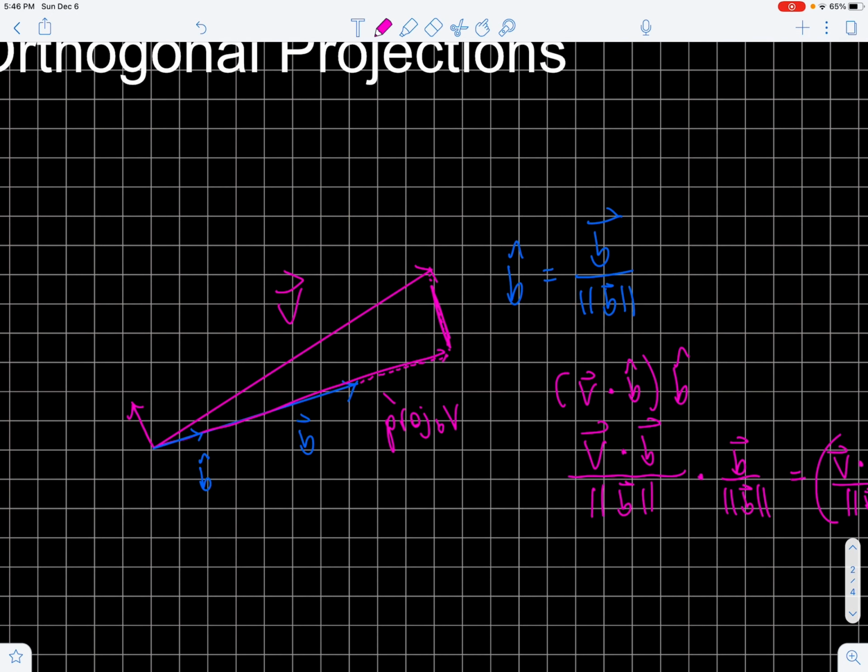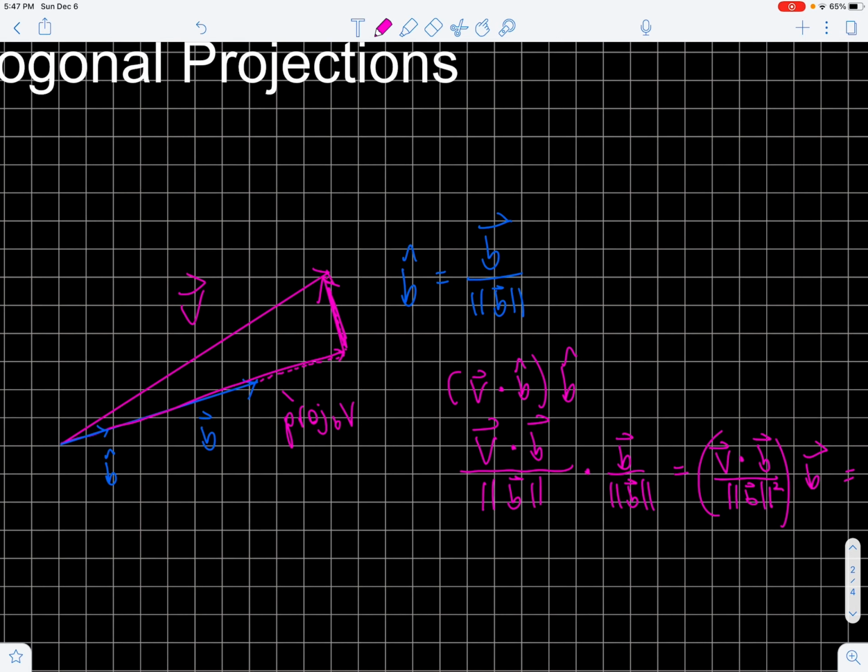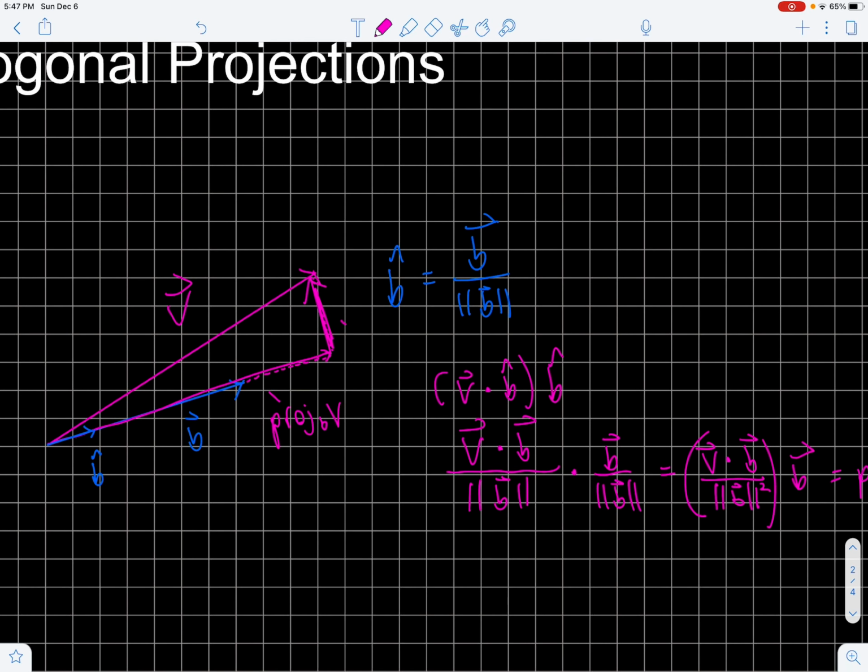Now, what about this other piece? Well, we could try and find this unit vector and do the same thing, but that's gross. And there's no reason for us to do that, because we know something about this little vector right here. We are drawing a vector from the head of the projection of v onto b to the head of vector v. So we know that this little piece is just vector v minus the projection of v onto b.